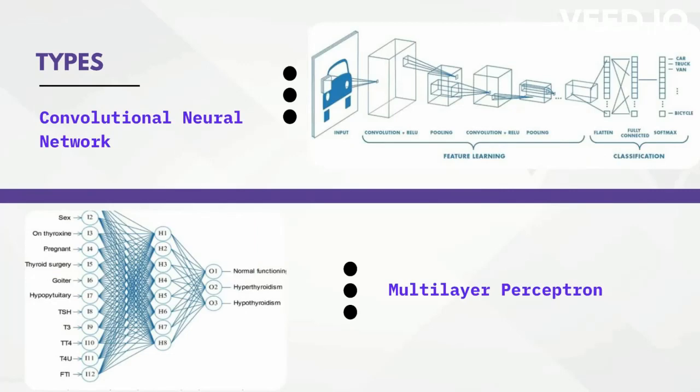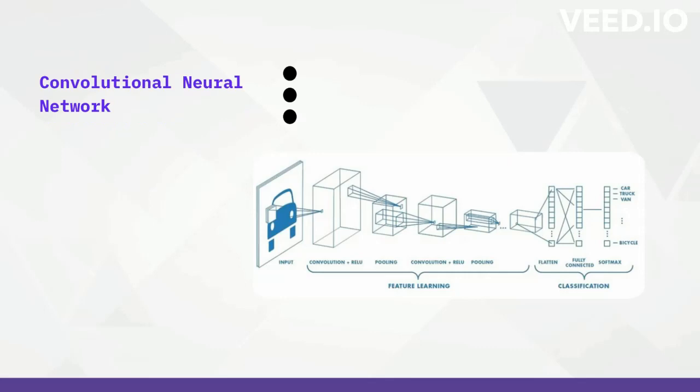There are different types of neural network. They are convolutional neural network, multi-layer perceptron, and recurrent neural network, etc. The convolutional neural network is a model that uses principles from linear algebra, especially matrix multiplication, to detect and process patterns within images.